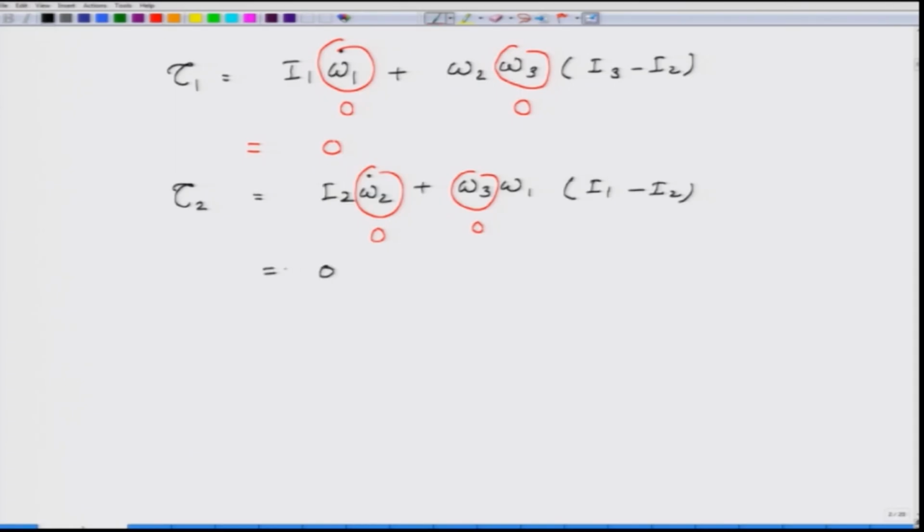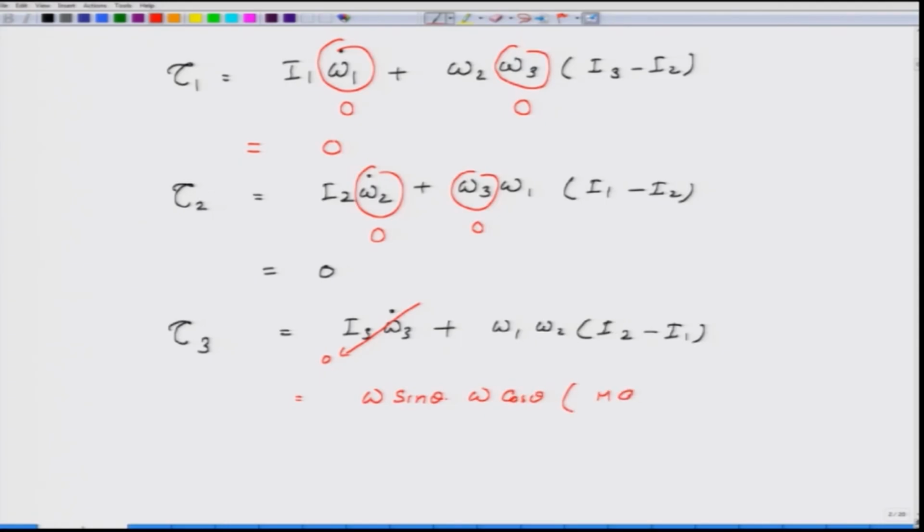The only component that is non-zero is tau 3, which is I3 omega 3 dot plus omega 1 omega 2 times I2 minus I1. Omega 3 dot is anyway 0. So, the only term that contributes is the second term, and this is going to be omega sin theta times omega cosine of theta times I2 minus I1, which is m a square over 12 minus m b square over 12.